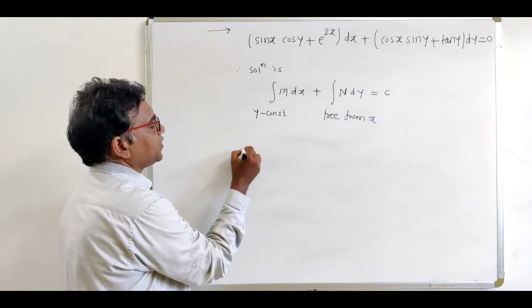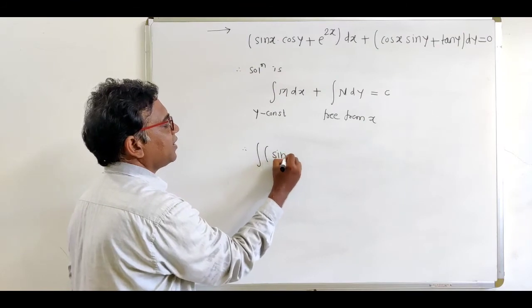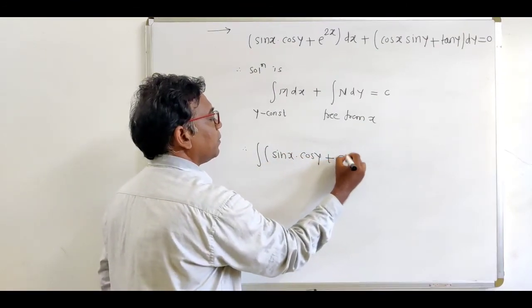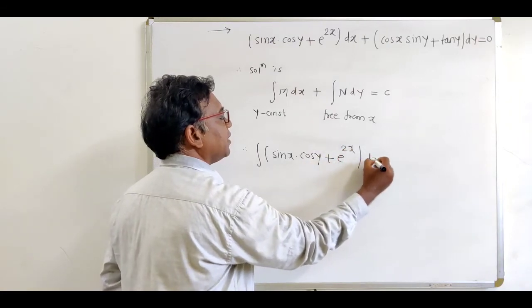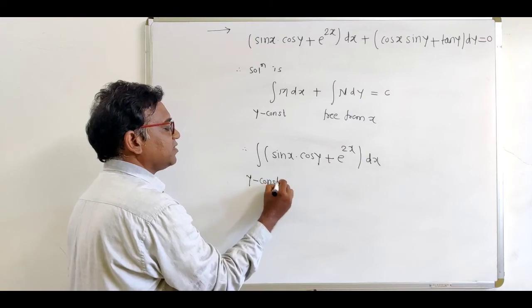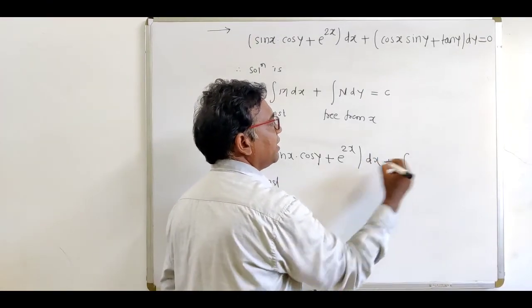So just put the values. M is the coefficient of dx, so this is the integral of sin x into cos y plus e raised to 2x dx. For the first integral, we take the condition to keep y constant.